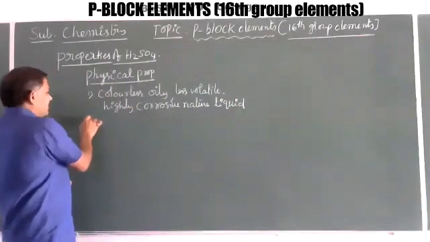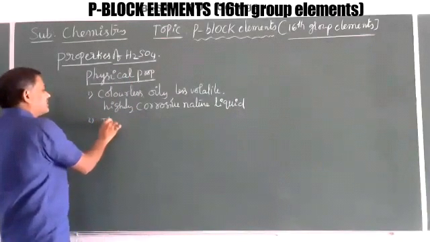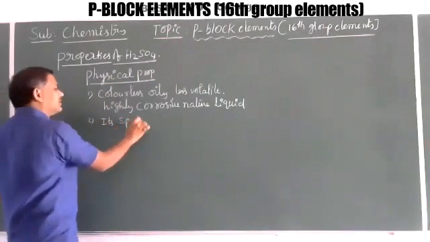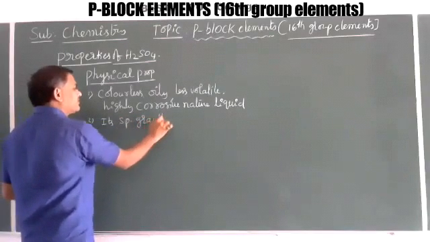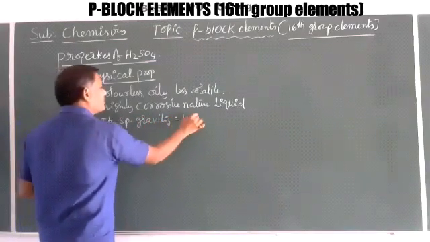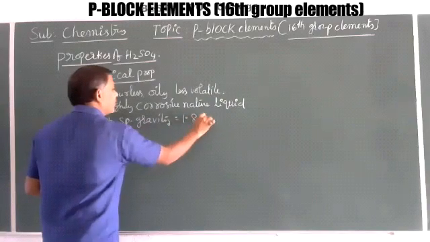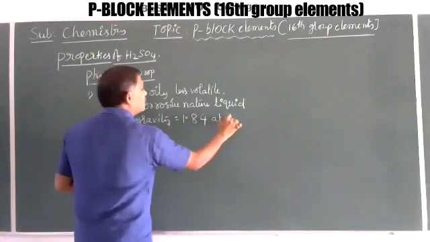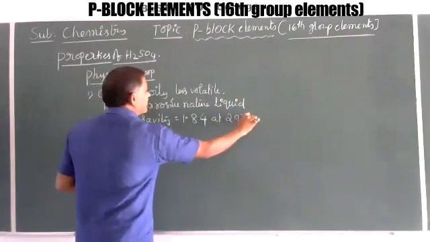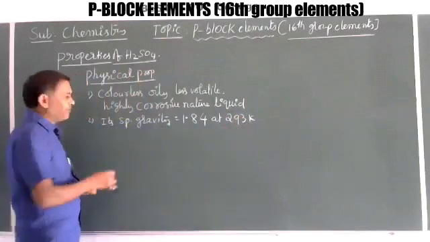Then now, its specific gravity. Specific gravity is 1.84 at 298 kelvins. Okay, next.